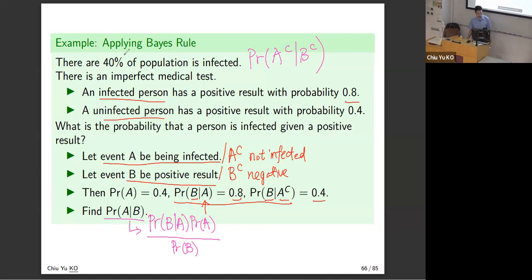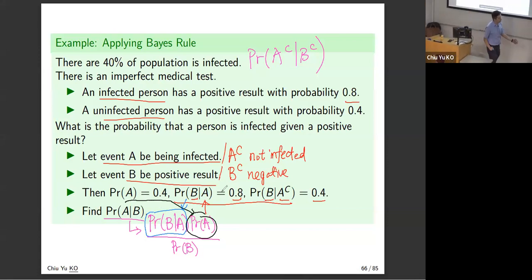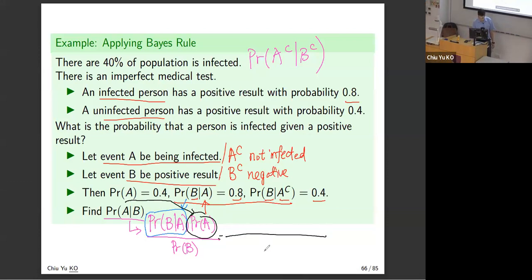So how do we proceed? It's not complicated, because mechanically we have this one here, and we also have this one, which is here. So the numerator is done. Only the denominator is left, and the denominator is not hard.